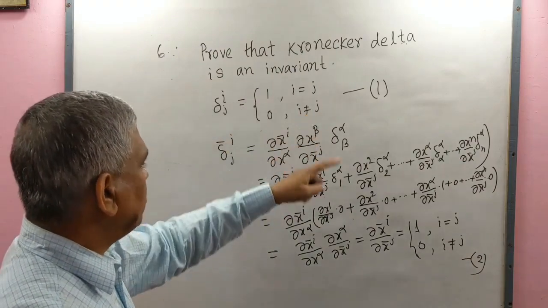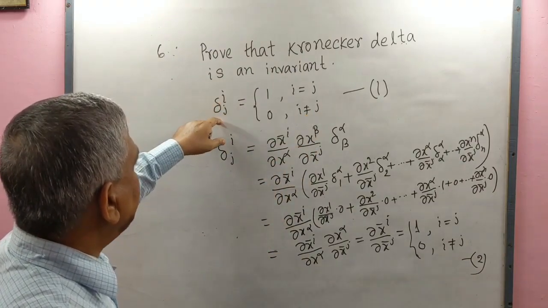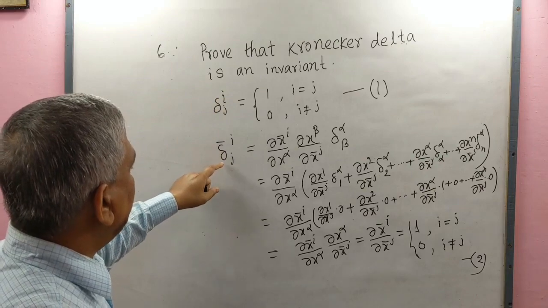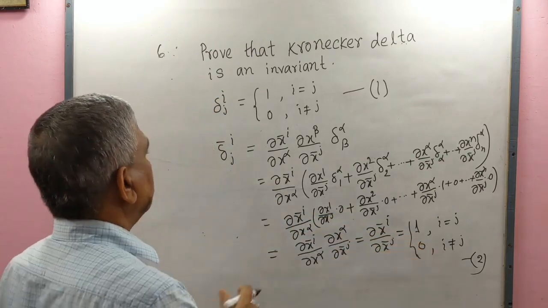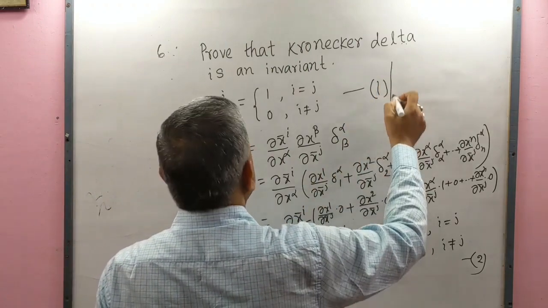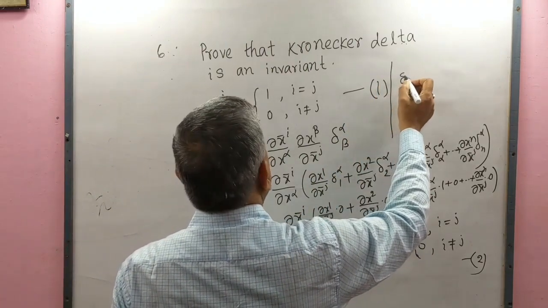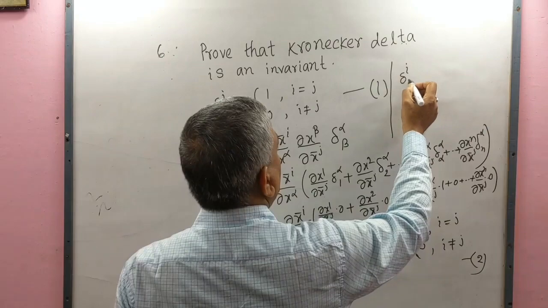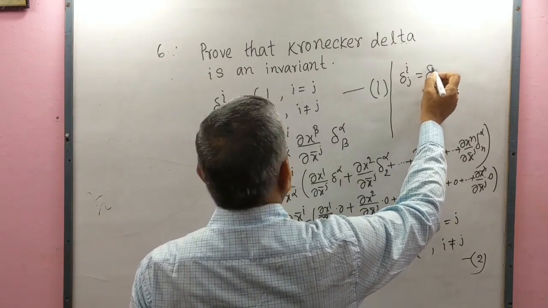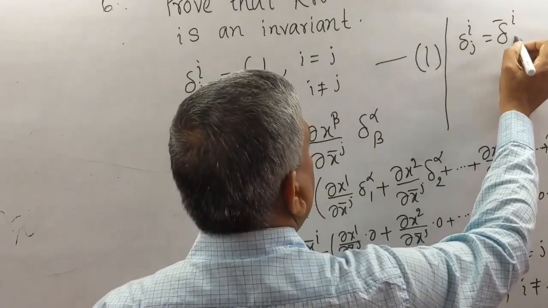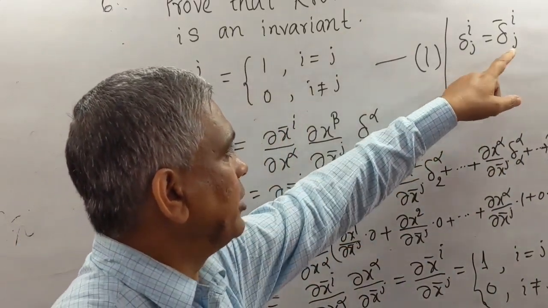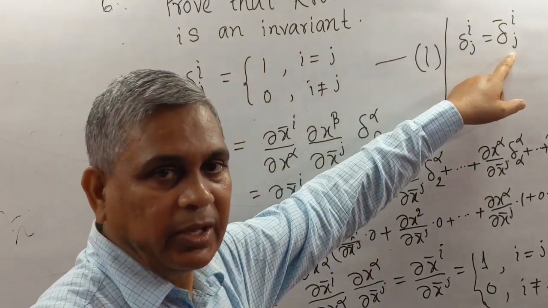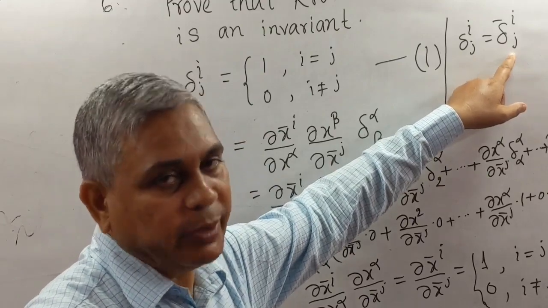So from 1 and 2 we get that the value of delta ij and the value of delta bar ij are the same. So we get delta ij equal to delta bar ij. That is, the value in both systems is the same, so it is invariant.